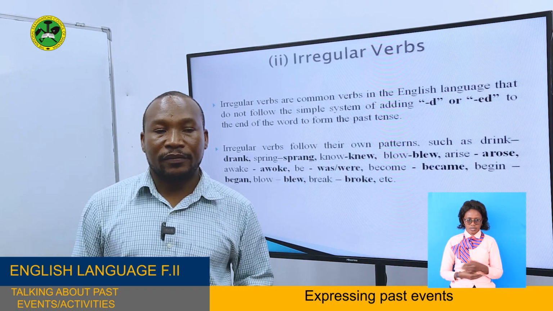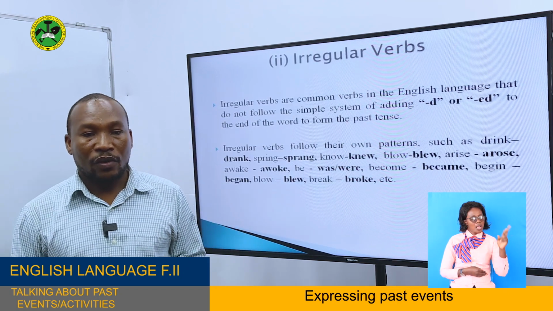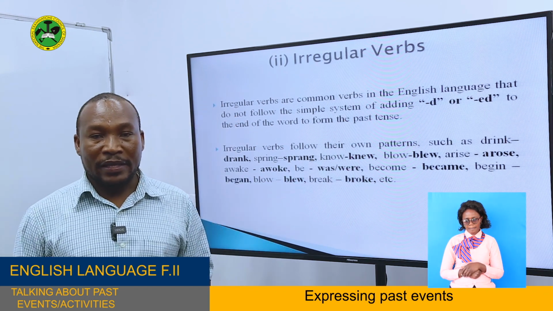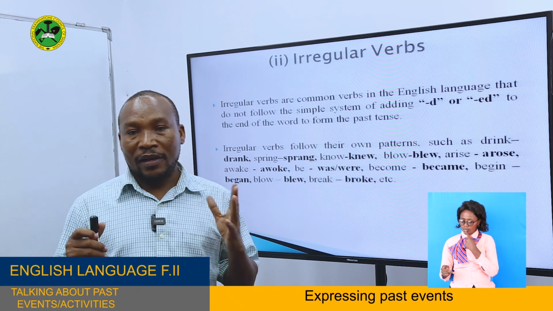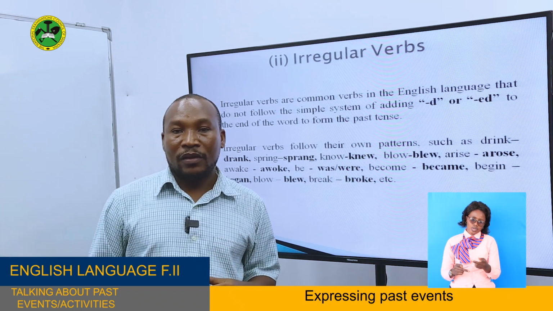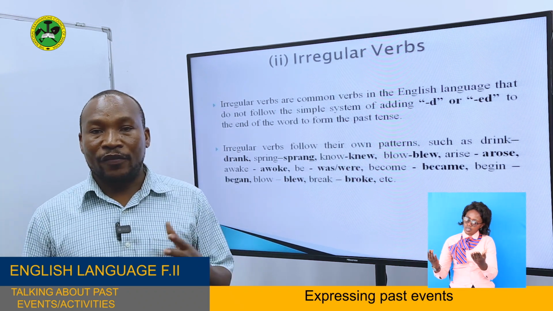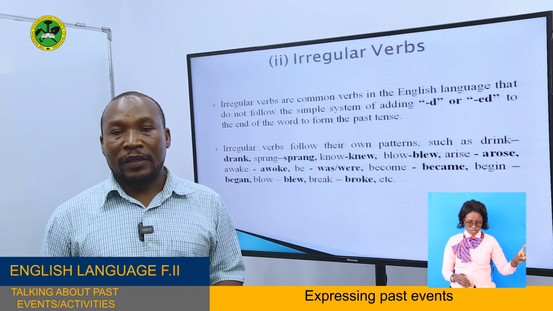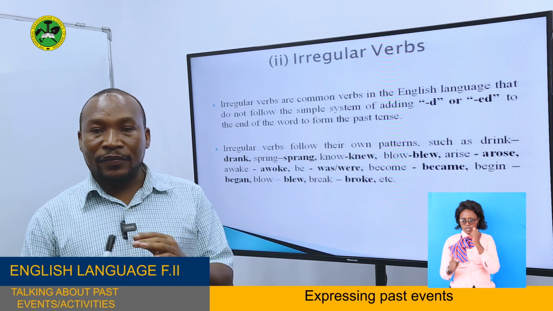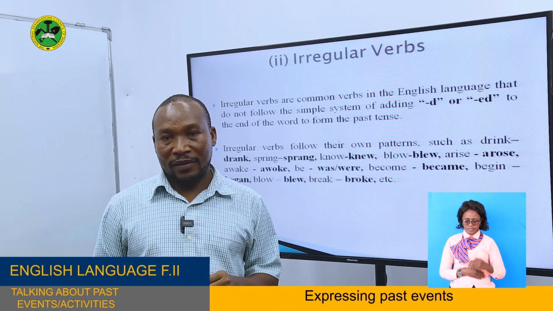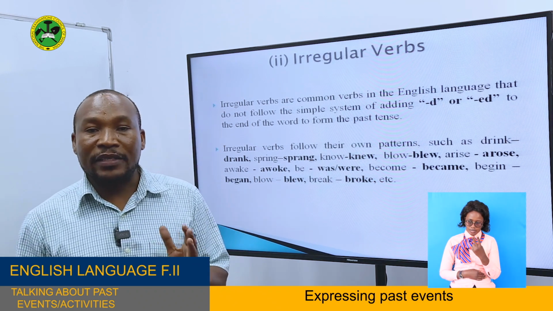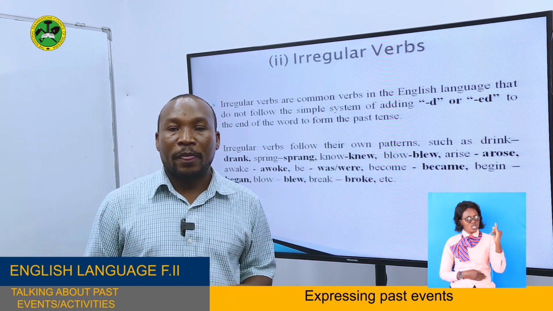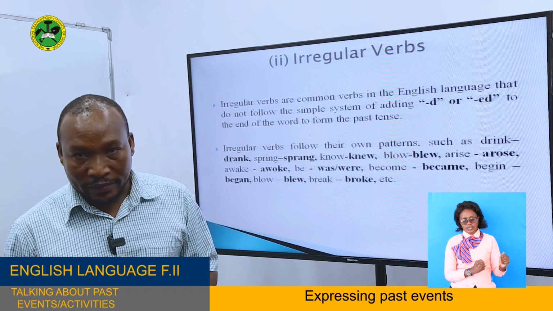Dear students, we are through with regular verbs. As I've stated earlier, regular verbs take ed inflection after the verb to form the past activity or past tense. Now let's go and see past tense of irregular verbs.